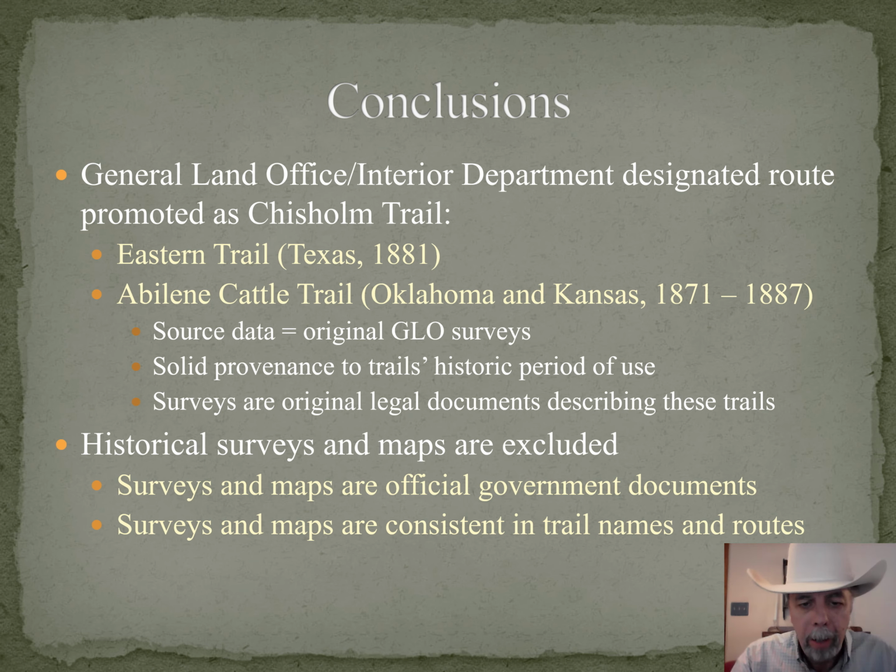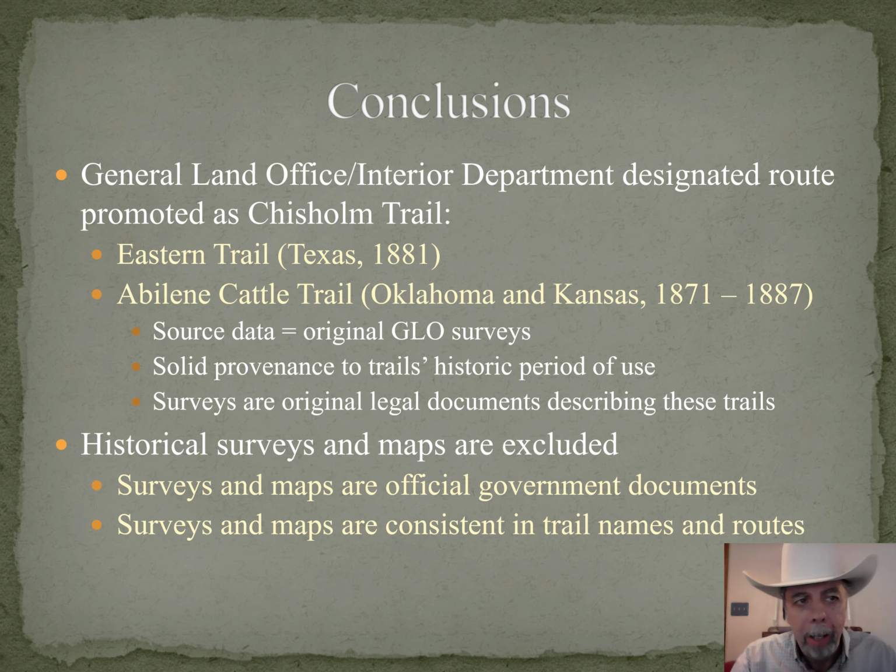These documents are official government documents. The surveys and maps are the only known documents that are consistent regarding the trail names throughout the entire post-Civil War trail driving period. Newspapers are inconsistent, trail drivers' accounts are inconsistent, but these maps are consistent.